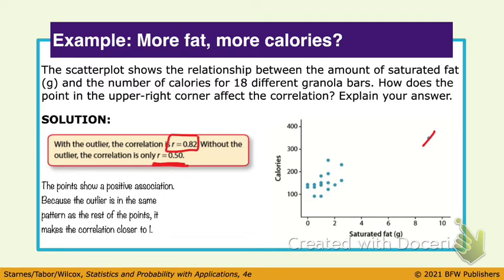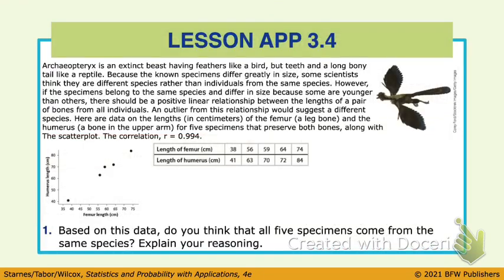All right, let's look at our example for today. What is the name of this extinct beast? The Archaeopteryx is an extinct beast having feathers like a bird, but teeth and a long bony tail like a reptile.